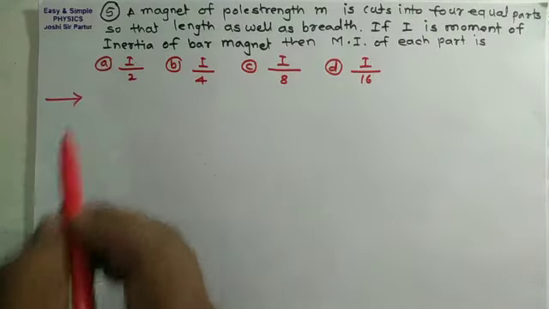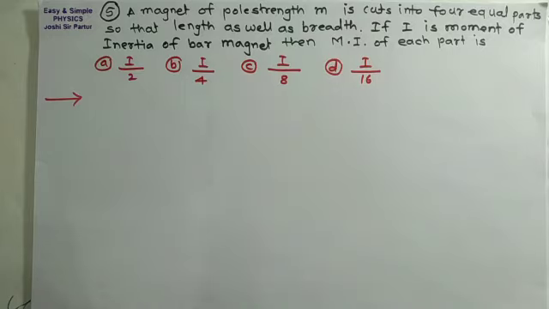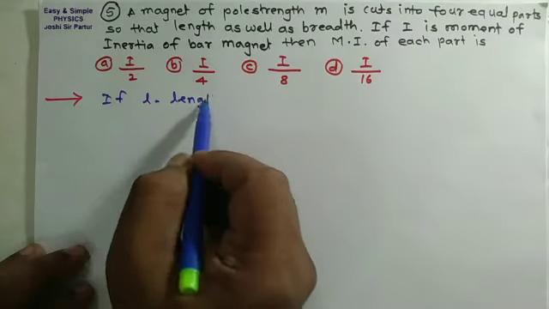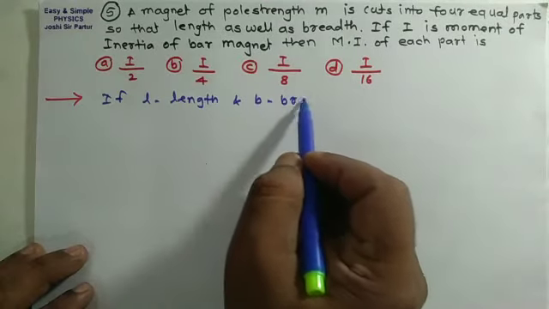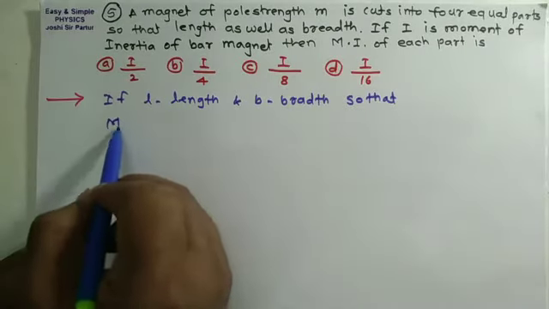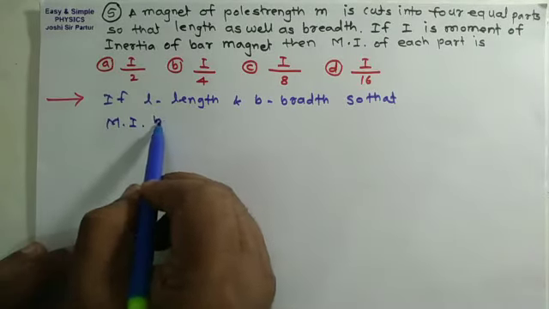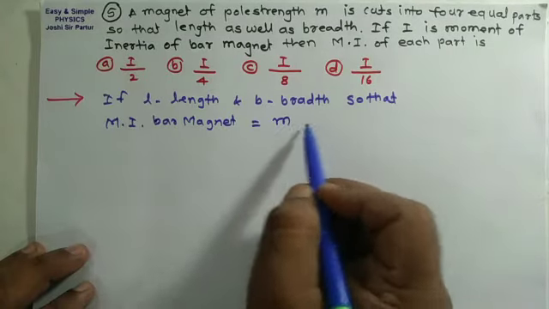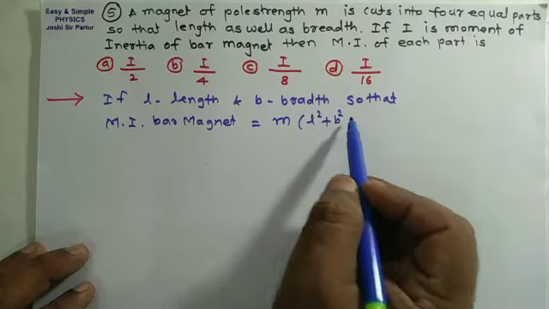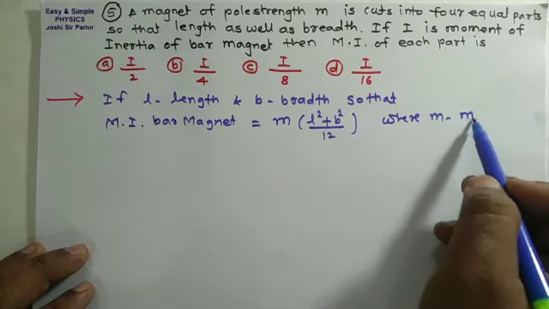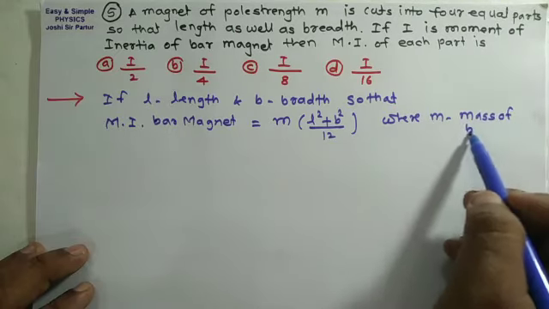See here, first of all, we know the formula for moment of inertia: if L is length and B is breadth, then the moment of inertia for a bar magnet is small m times L square plus B square upon 12, where small m is the mass of the bar magnet.